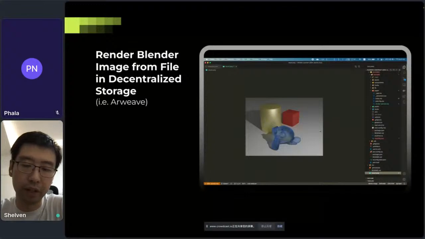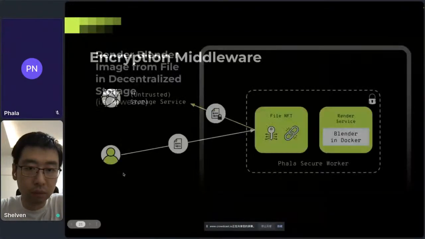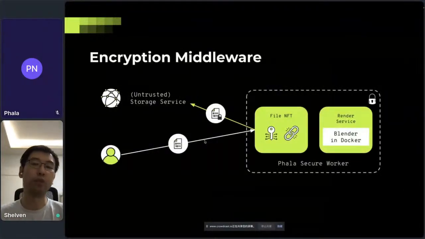Okay, so finally you can get the image here. So actually, in this case, first we show that we can run the Docker image in our workers, with very little, almost no modification here.